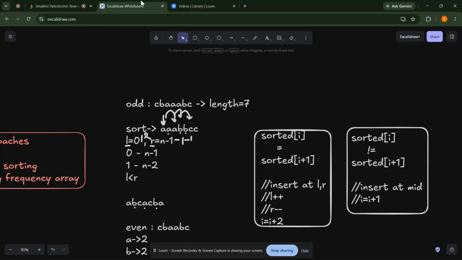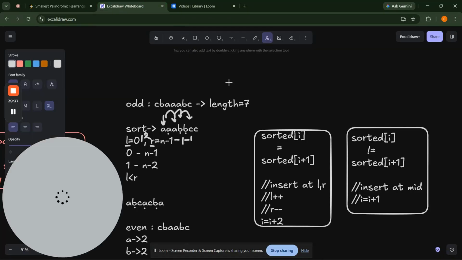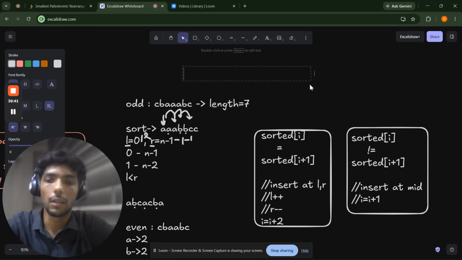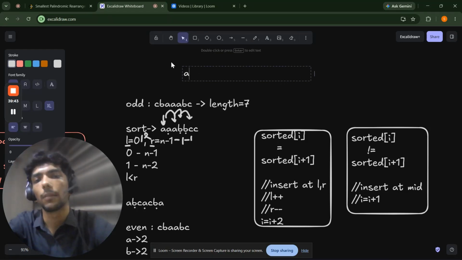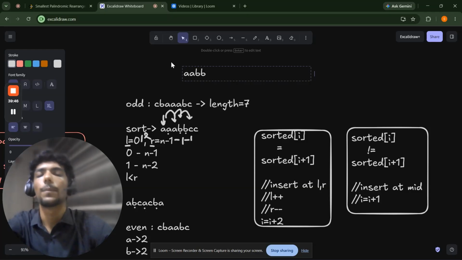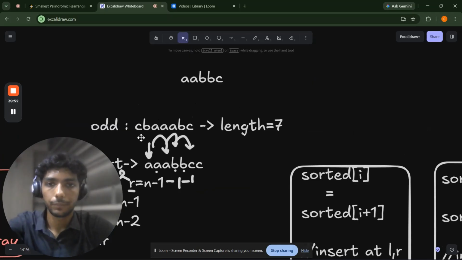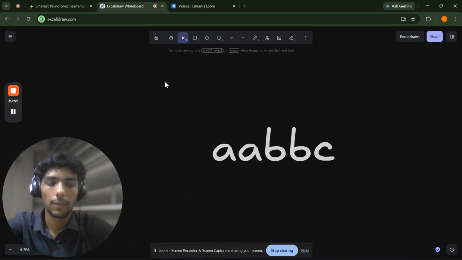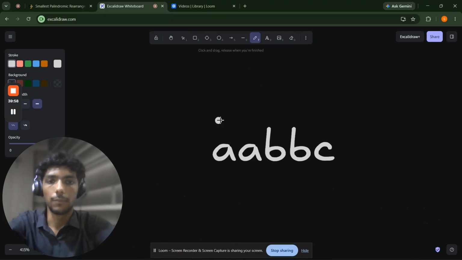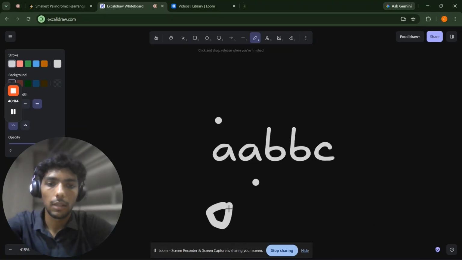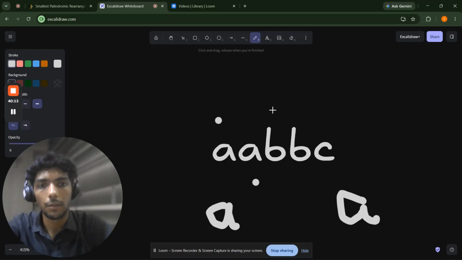I have one more clarification. What happens if the string consisted of only a single character, or it was A, A, B, B, and C? In this case, let's track and check. We are over here, we check it with A. This is same, so here it is A, here it is A. I plus equals 2. Then we are at B, and here it is same.